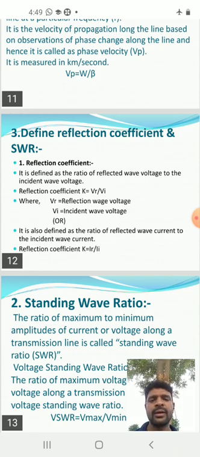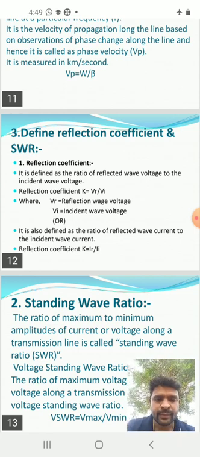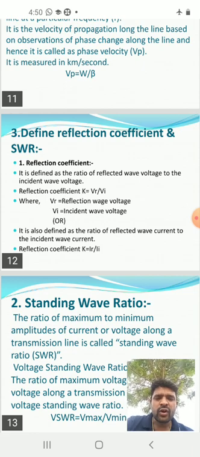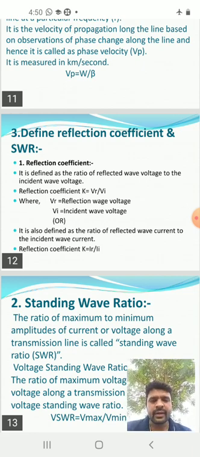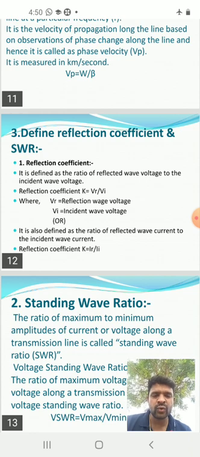Reflection coefficient can be indicated by K equal to VR by VI, where VR is the reflected voltage and VI is the incident wave voltage.